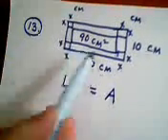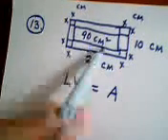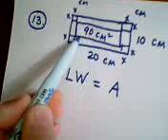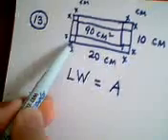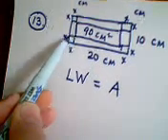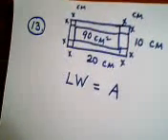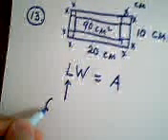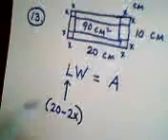Now, the bottom of the box, just the bottom part of the box, because the sides are folded up, this dimension right here on the bottom of the box is not 20 anymore. It's 20 minus x, because we took away x twice. So the length of the bottom of the box, algebraically, would be 20 minus 2x.